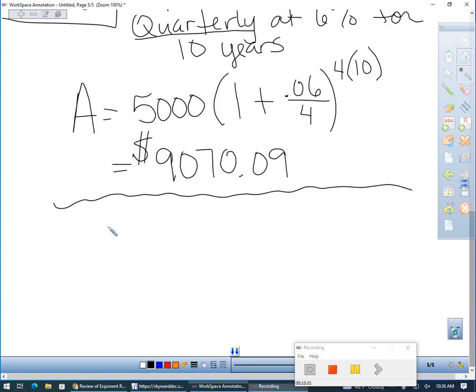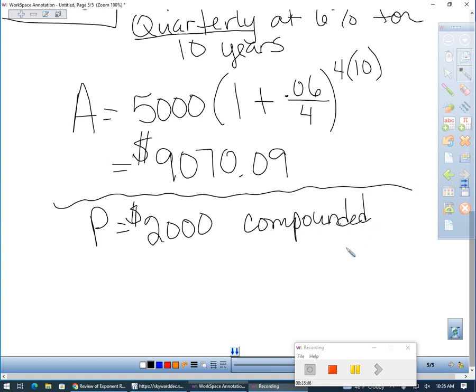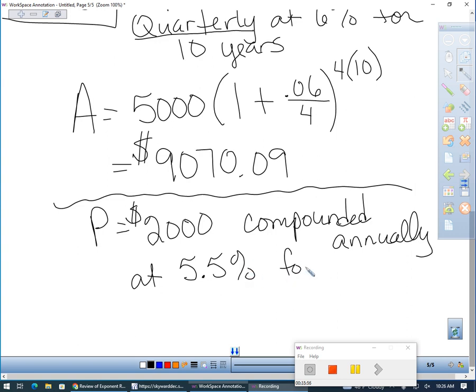So underneath the same thing, let's say our P equals 2,000. So our principal is $2,000. We're going to say compounded annually at 5.5% for 5 years.